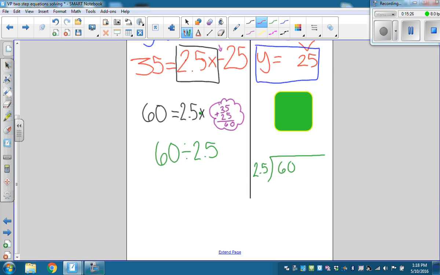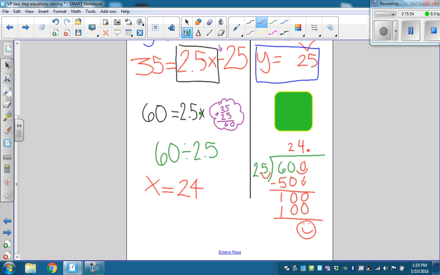And as you guys know, you can move the decimal, put in a 0. 25 goes into 60 twice. Break down the 0, 25 goes into 100 4 times. That tells us x must be 24.